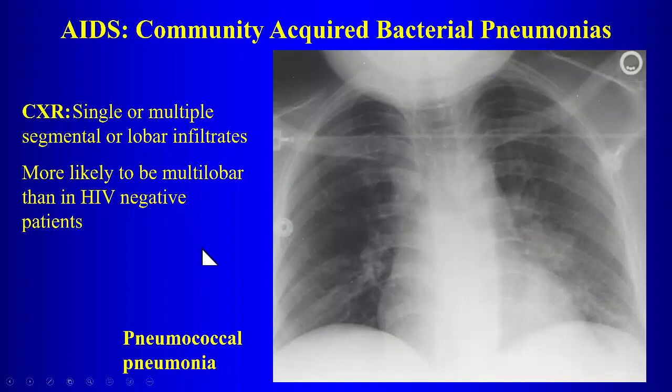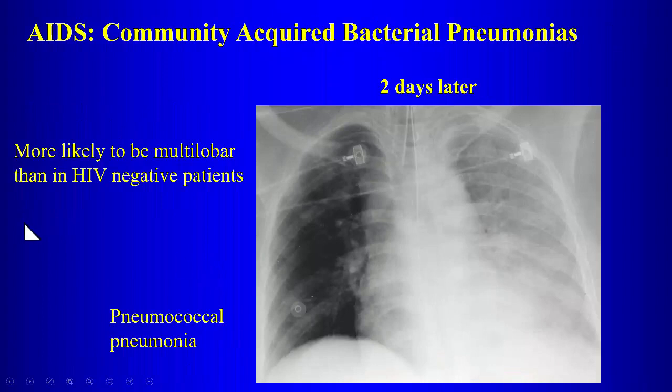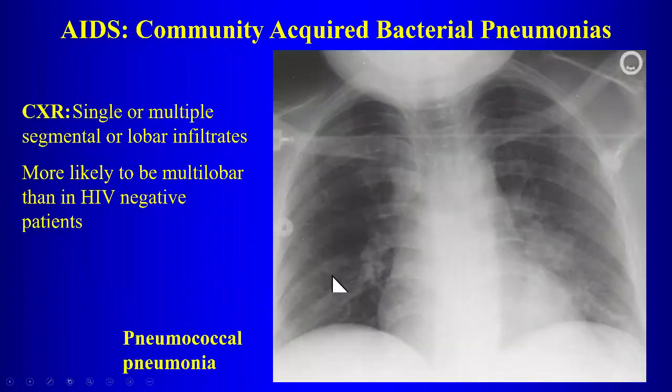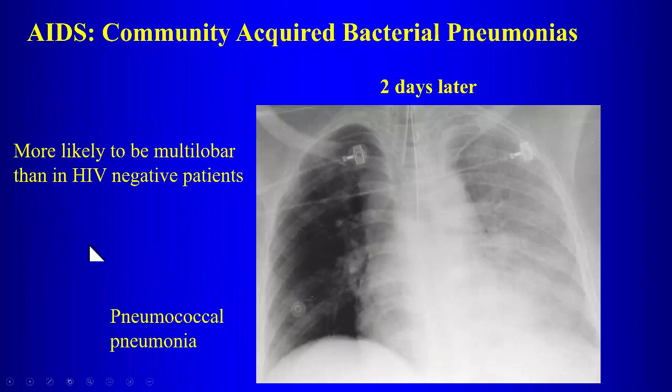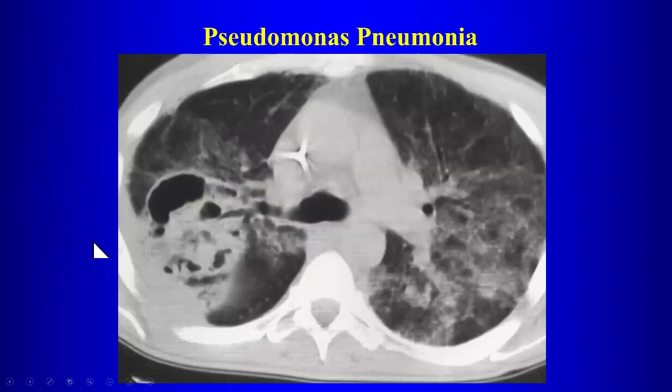They might be more aggressive in these patients, and more likely to be multilobar. You can see the rapid progression in this particular case. It started out like this, and it looks like this just 2 days later. Here's a case of Pseudomonas with cavitation.